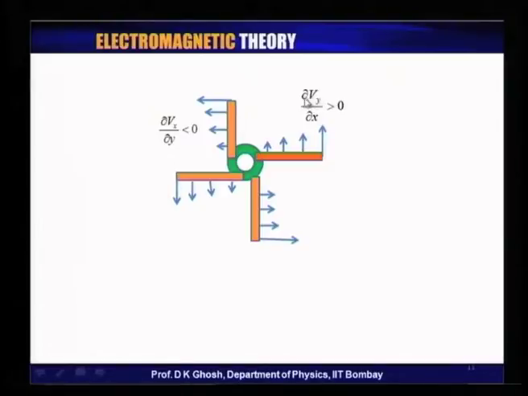In other words, dvy by dx, that is the velocity field, is greater than 0. On the other hand, here the velocity field is along the x direction, but dvx by dy is less than 0. Therefore, such a paddle wheel in the force field shown here will rotate in the anti-clockwise fashion.